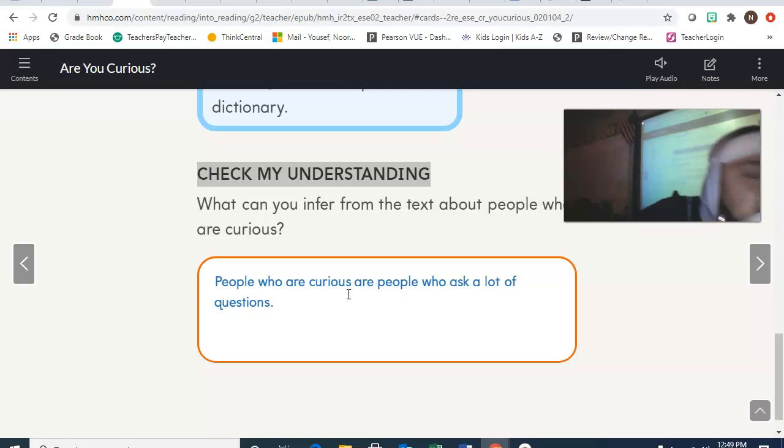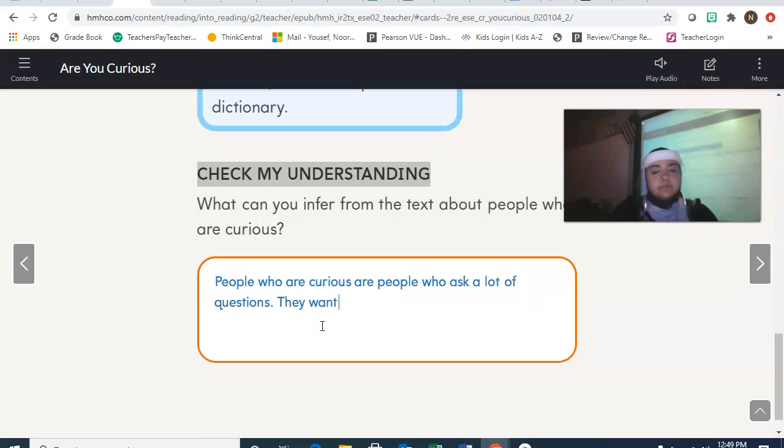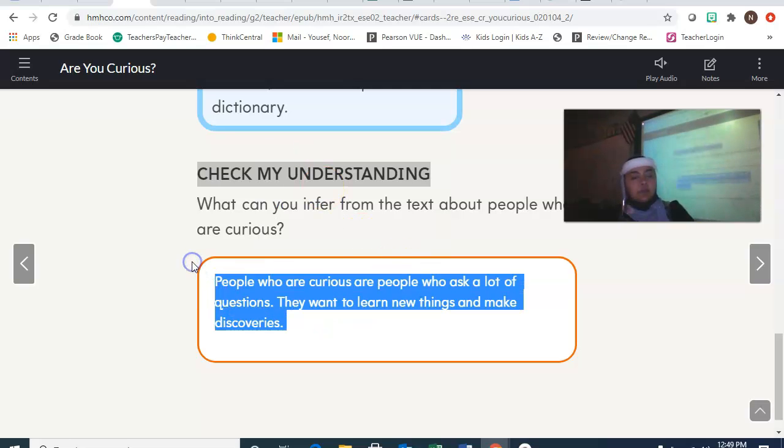Come get a piece of paper until you can get one. Right here, people who are curious are people who ask a lot of questions. They want to learn new things and make new discoveries, right? They want to learn new things and make discoveries. Spelled that wrong. Nope, not right now.